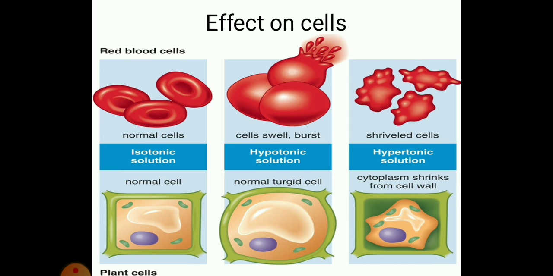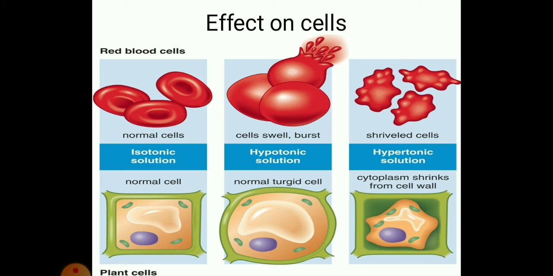In case of hypotonic solution, they absorb excess water, which may result in bursting of the cell, sometimes due to excess swelling. In case of hypertonic solution, the cell loses water and thereby shrinks.